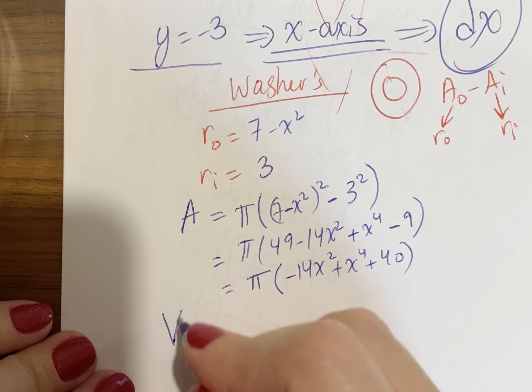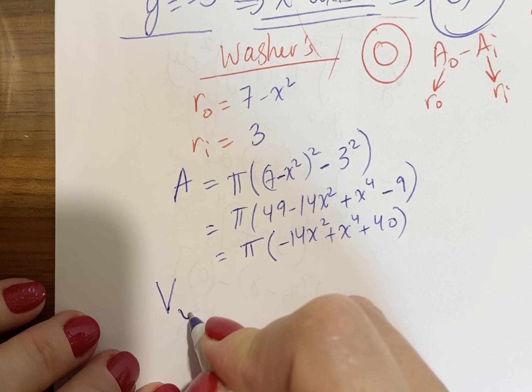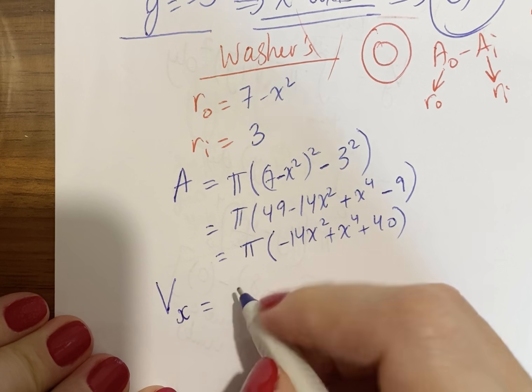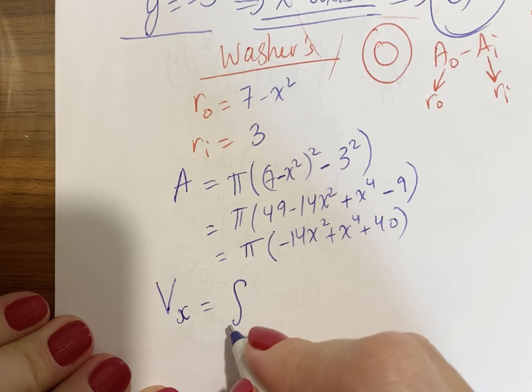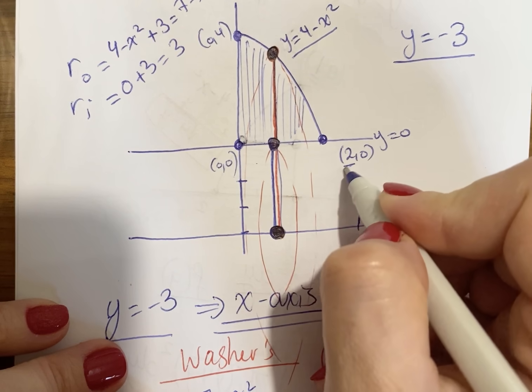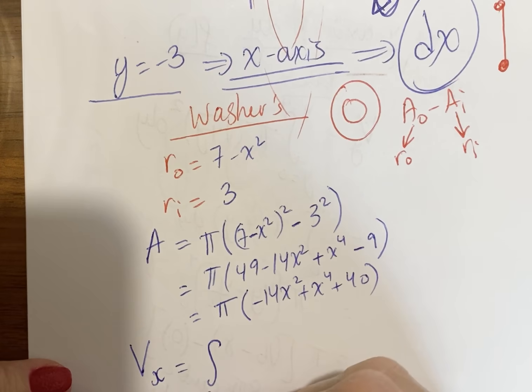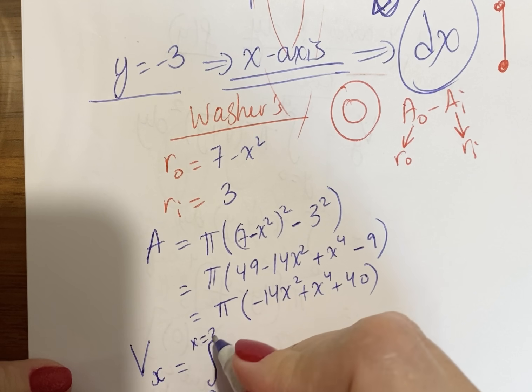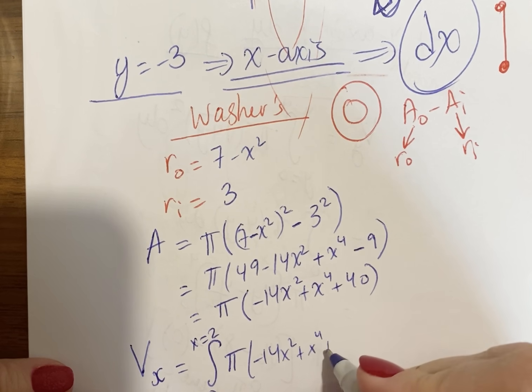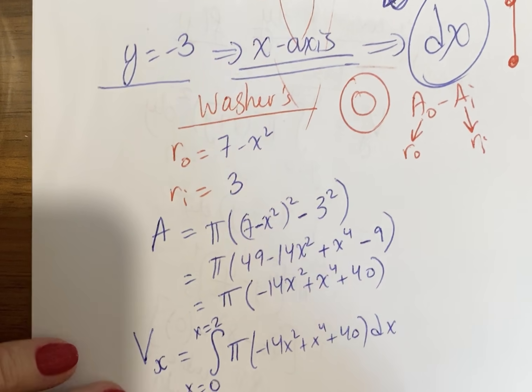Now what do we do to get the volume? The volume is a volume in x, because we are rotating around something similar to the x-axis, which is an integral in x. Where is x starting? x starts at 0, finishing at 2. So the integral from x equals 0 to x equals 2 of the area of this donut dx.